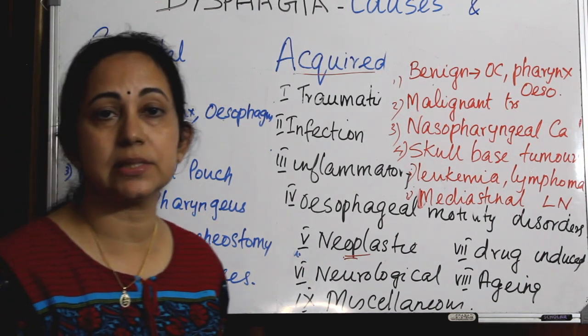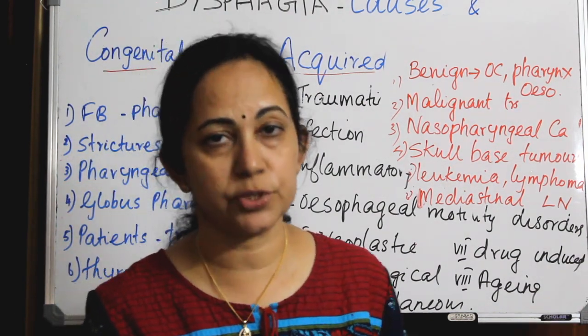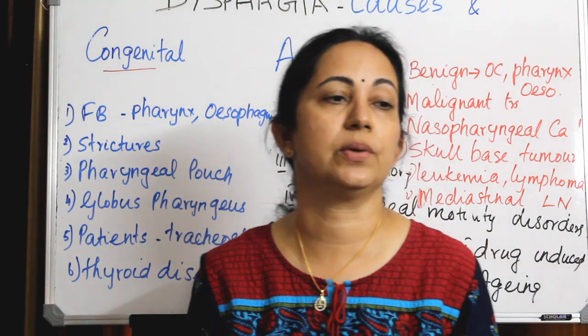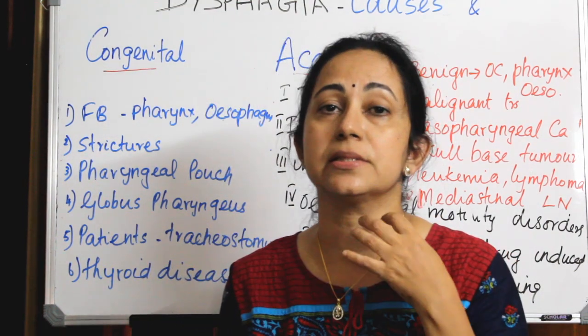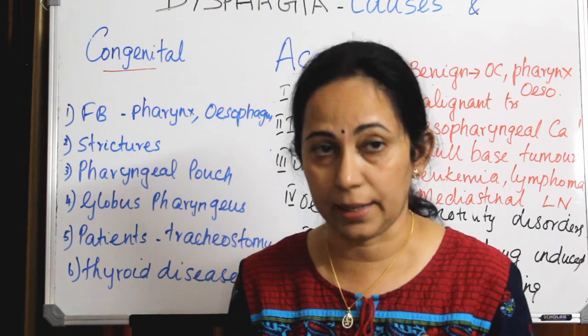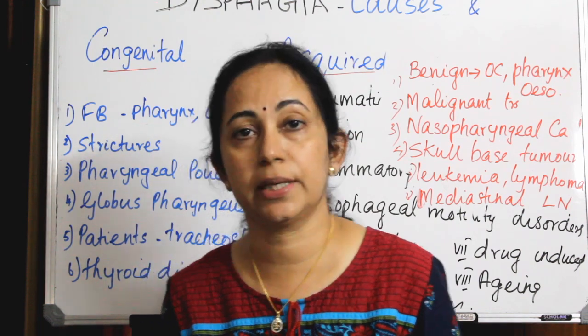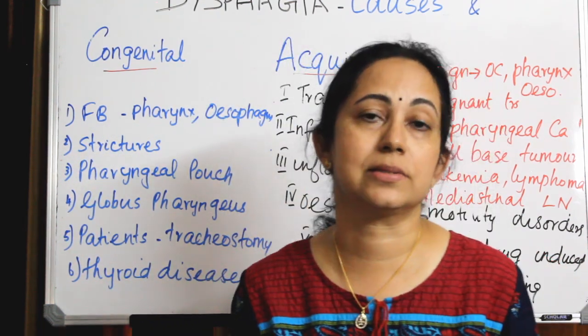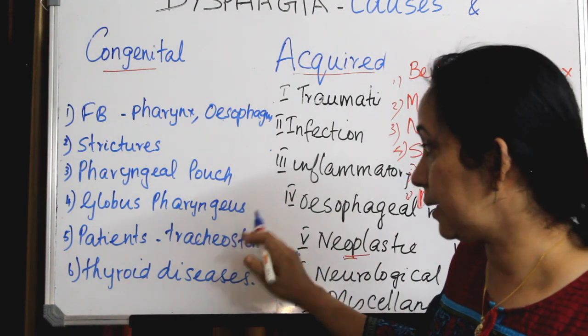Globus pharyngis is a feeling of a lump in the throat, mainly seen in middle-aged females. The typical history is that there is difficulty while swallowing saliva, and not much difficulty in swallowing food. That is the most striking history towards globus pharyngis, which I will explain in detail.